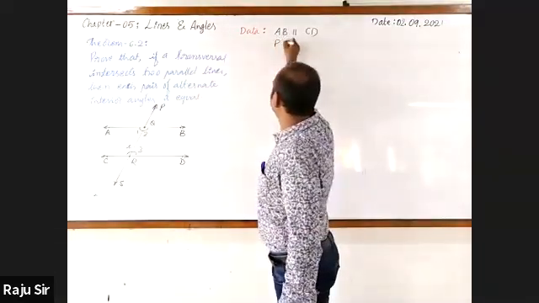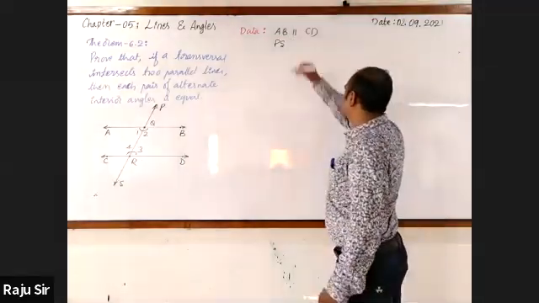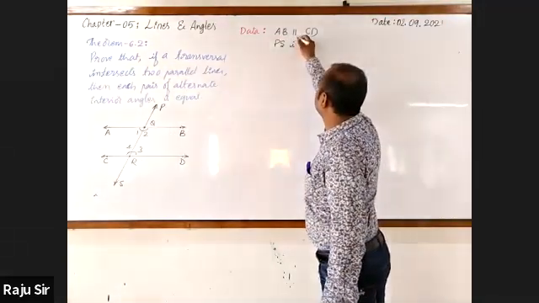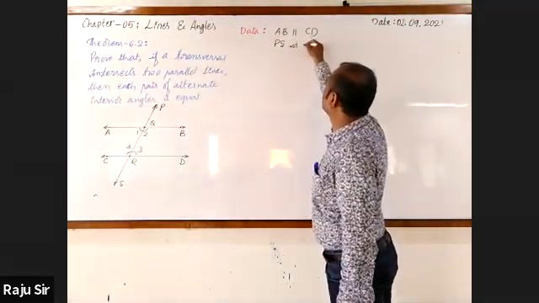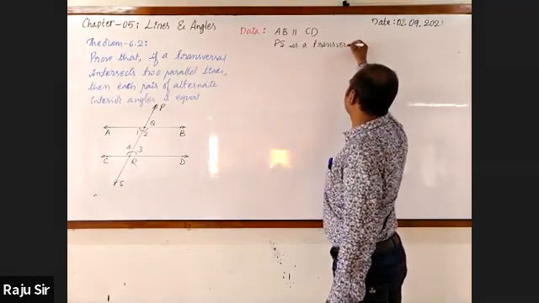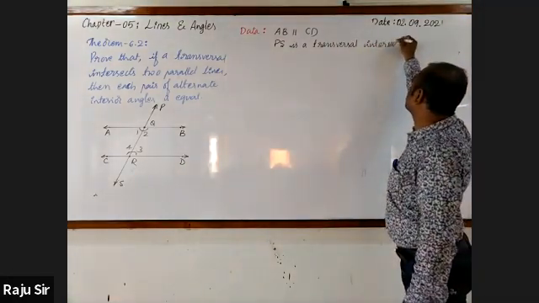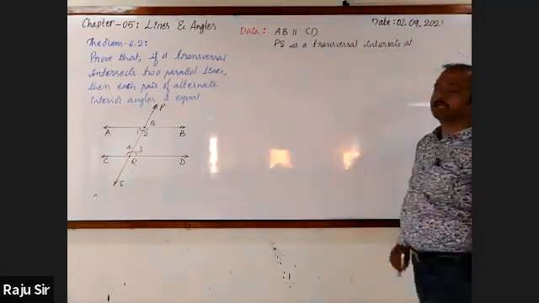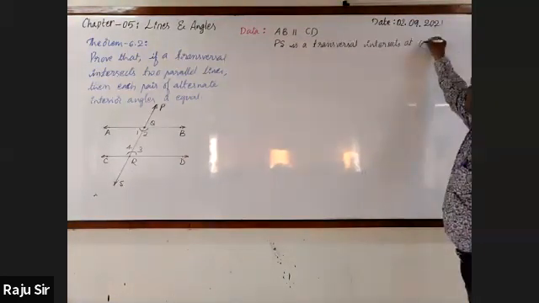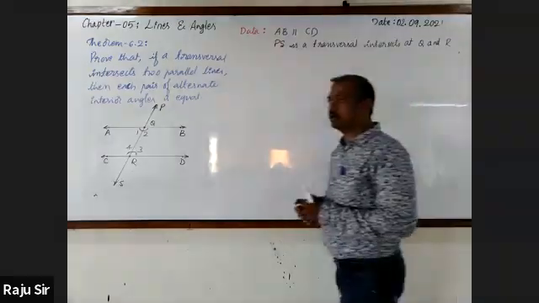What does PS indicate? PS is a transversal. It intersects at points Q and R. Just you may write Q and R.